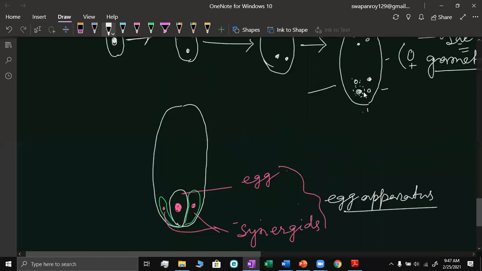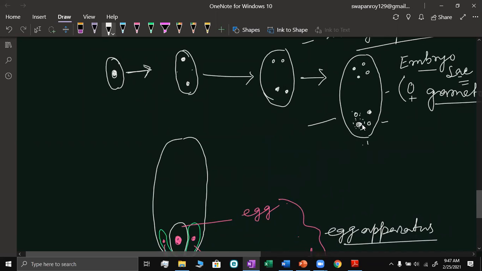So three organize into the egg apparatus towards the micropylar end. Remember which side? Micropylar end.